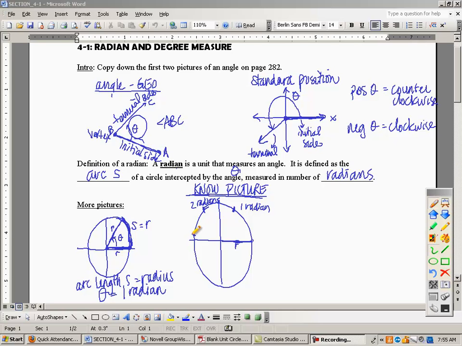And if I keep going, this length right here is about 3 radians. 4 radians is about here. Just after the 270 mark is about 5 radians. And then right here is 6 radians.